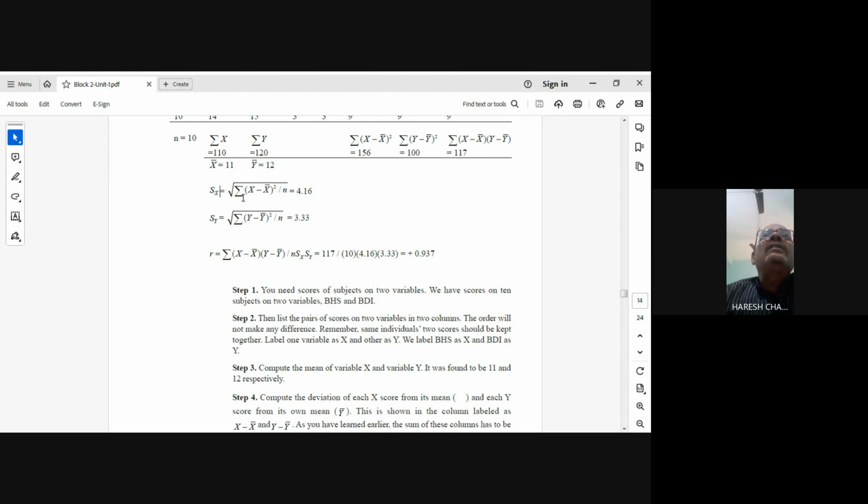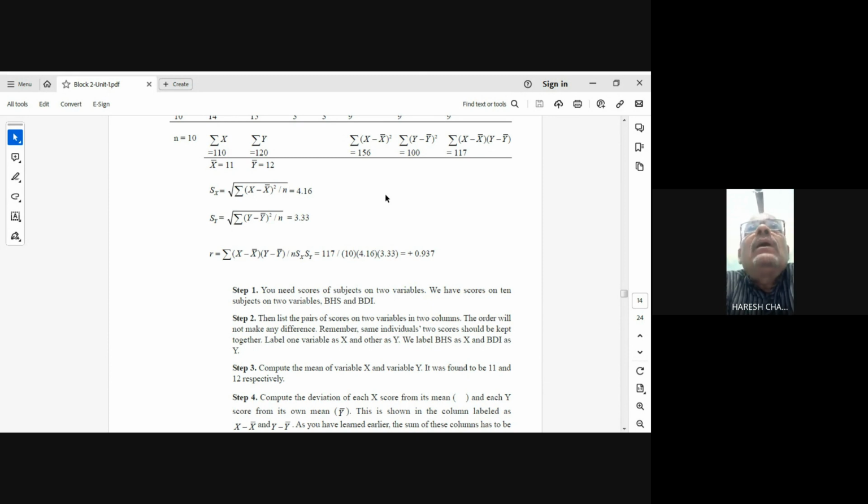That is the square root of sigma x minus x dash square by n. That means 156 by 10. But here is one thing you need to know. Although there is something wrong in the book, when your n is very small, the calculation requires a correction.